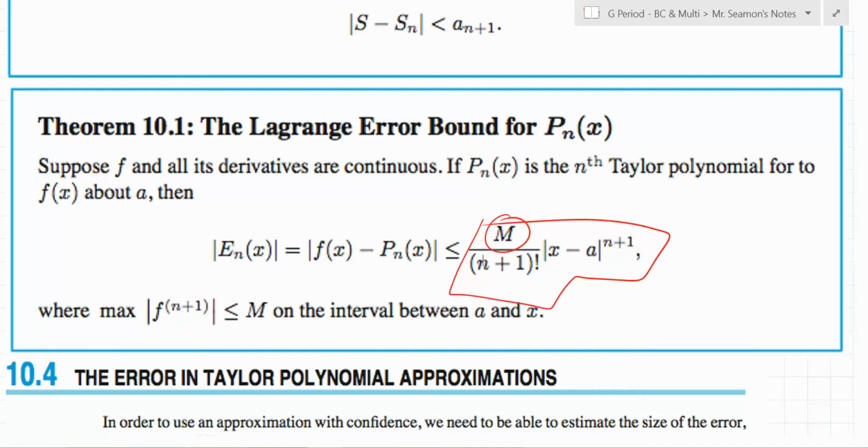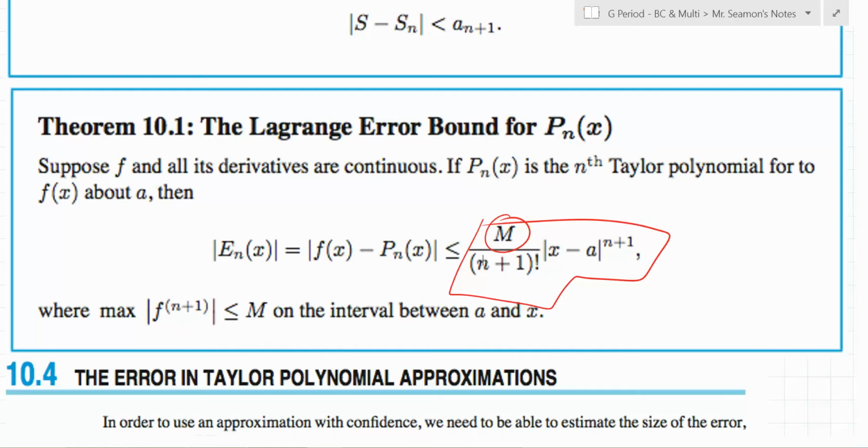Does that make sense, everybody? When you're doing this, the error bound depends on what degree of the Taylor polynomial you're going to. So in this formula, what do we have to know? We have to know the power n, like 4th degree. And then we have to find this m, and then we put it all together.